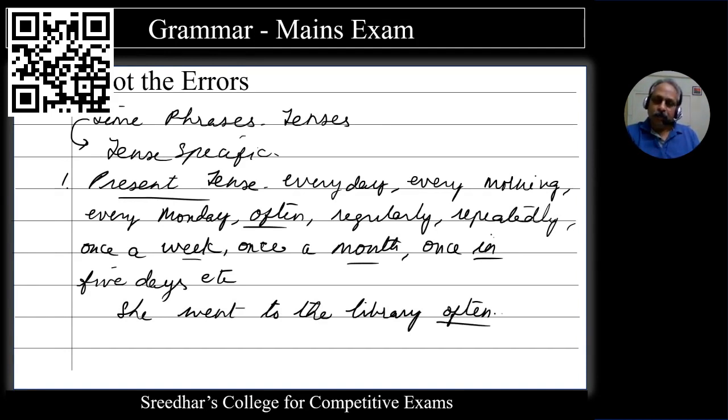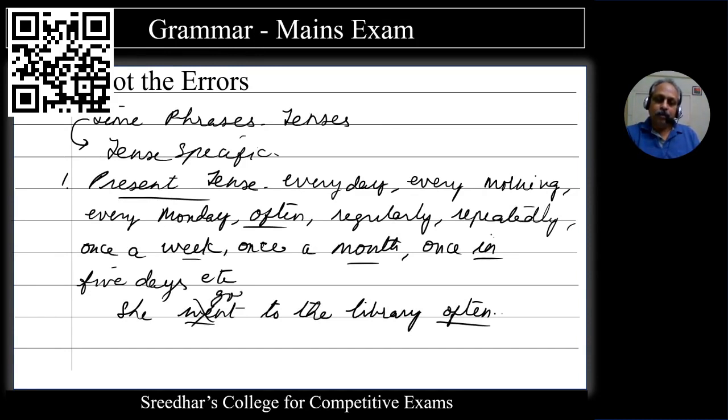It could be one word, it could be a phrase, it could be a clause, it doesn't matter. She went to the library often. Here, independent sentence, the context doesn't talk about past. How do you decide? Based on the adverb of time. What is it? Adverb of frequency, often. Here, often goes with present tense, but the verb is in past, so it is not correct.